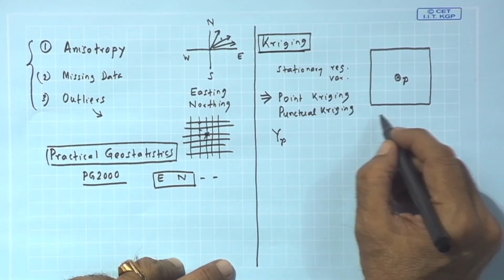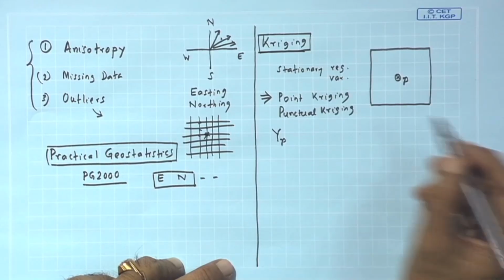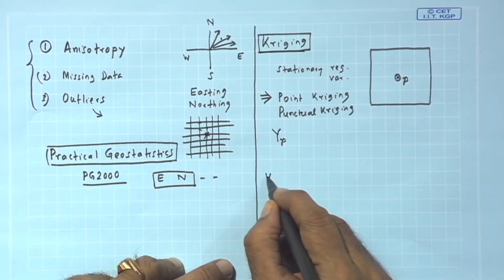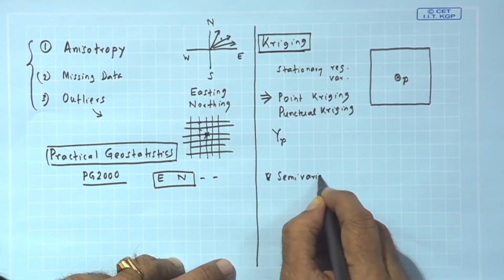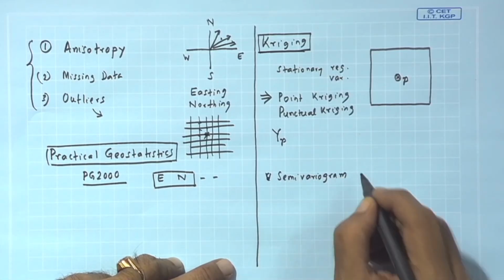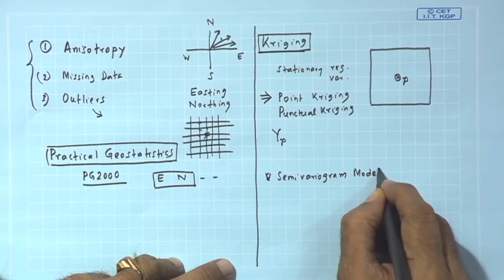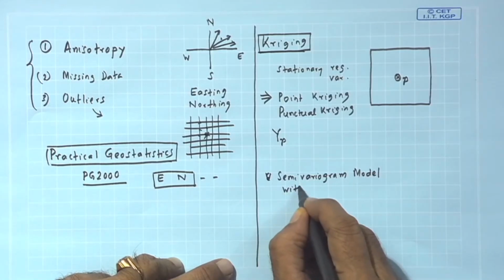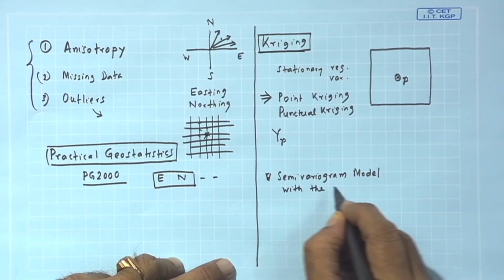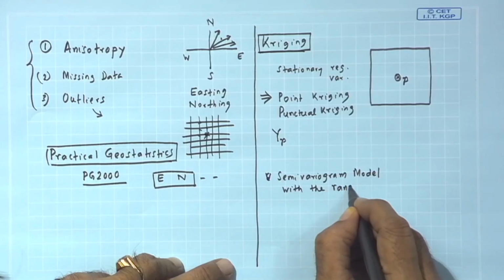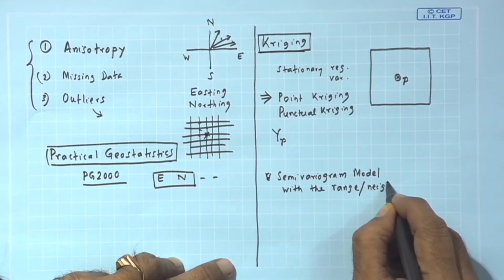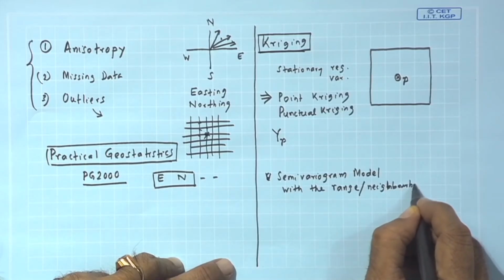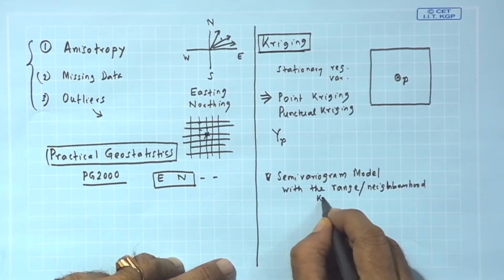And here, the first thing that is available to us is a semi-variogram model with the range or neighborhood known.